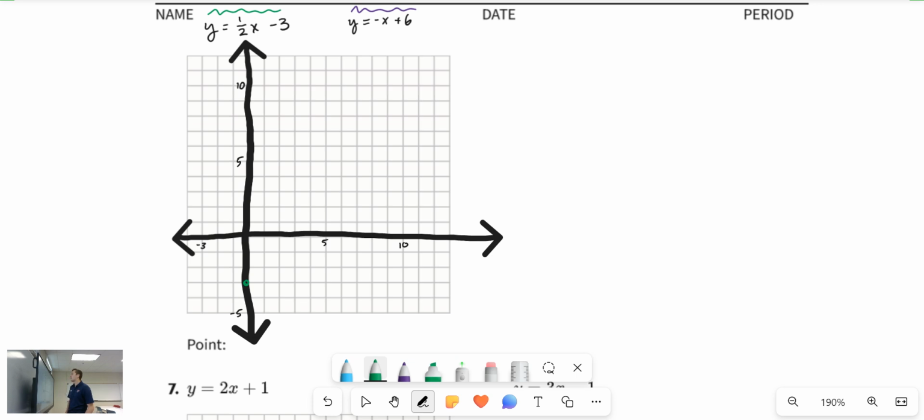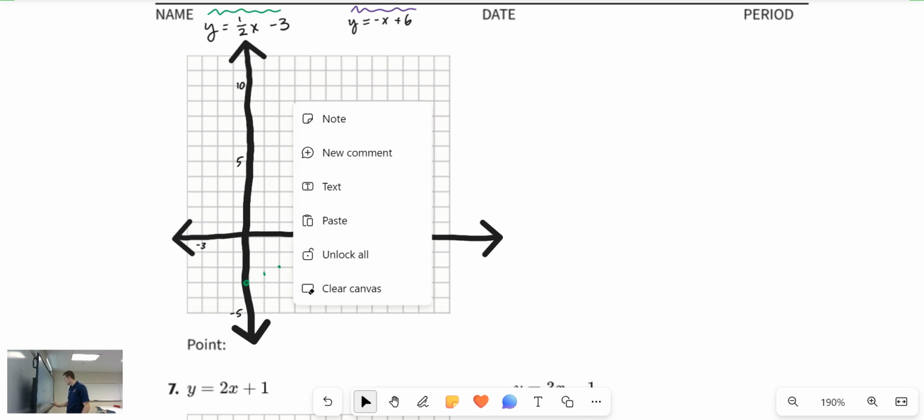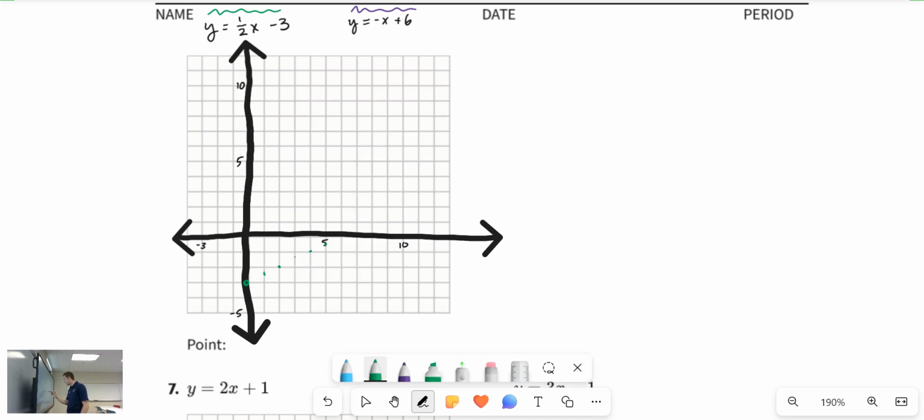And 1/2 x means if we go over 1, we have to go up 1/2. So it'll be about there, over 1 up 1/2, over 1 up 1/2. Oh, well, that wasn't great, but that's okay. Over 1 up 1/2. So we're just doing steps of 1/2 at a time.